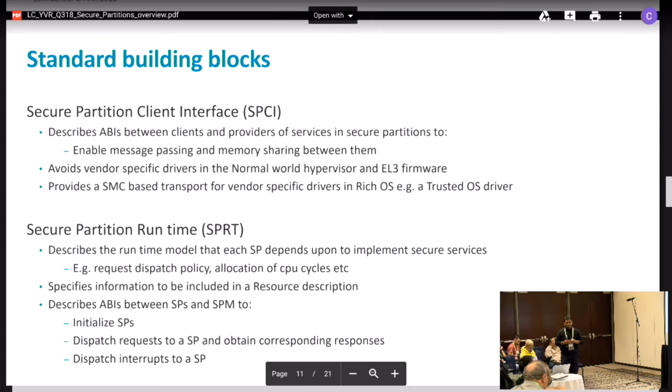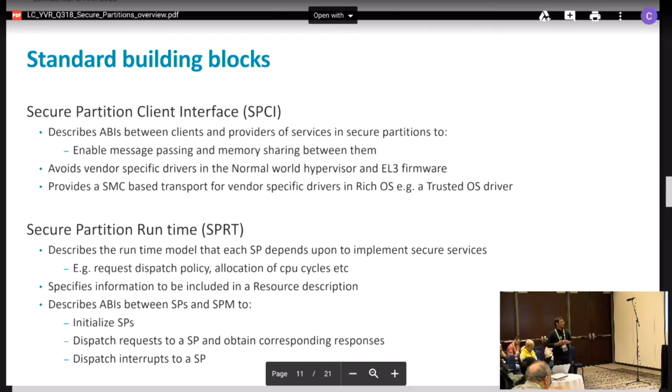And what this enables us to do is that it's only the endpoints that need to understand the trusted OS specific communication and the intermediate exception levels through which the messages pass. They can just have a generic driver which is responsible for sending the communication on its way in either direction. So essentially, what that means is SMC-based transport for vendor-specific drivers. So the SMC transport does not interpret the contents of the messages. It's only responsible for getting them from point A to point B, and that promotes generalization.